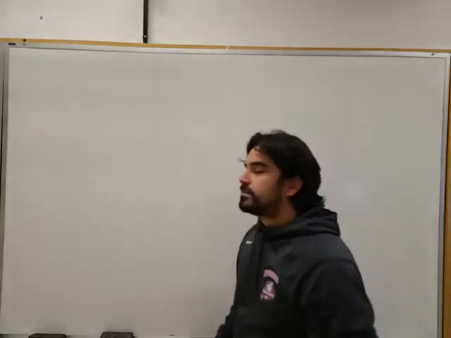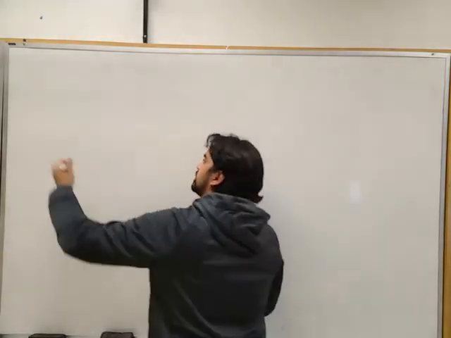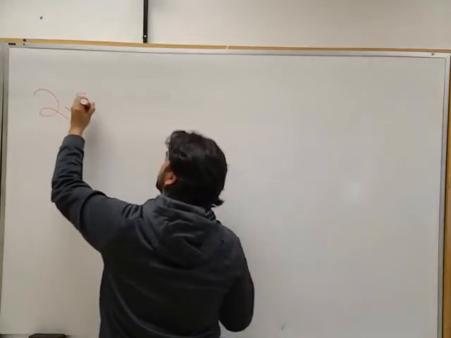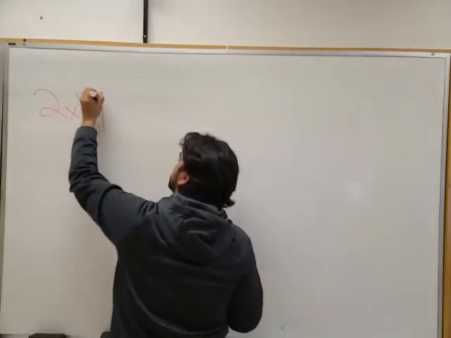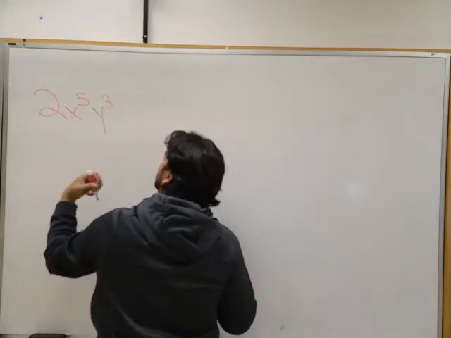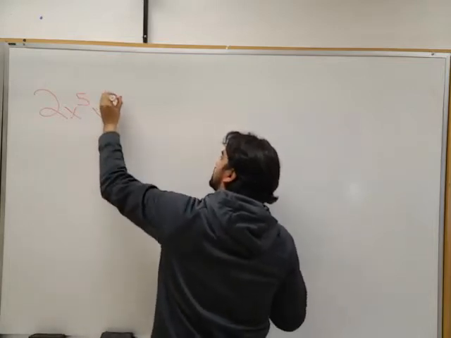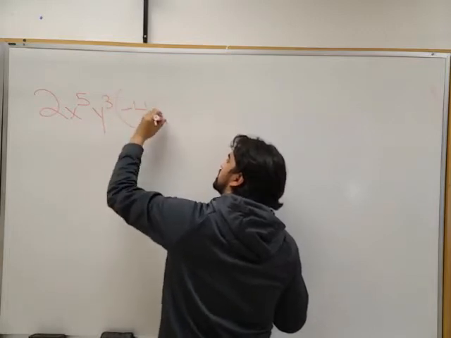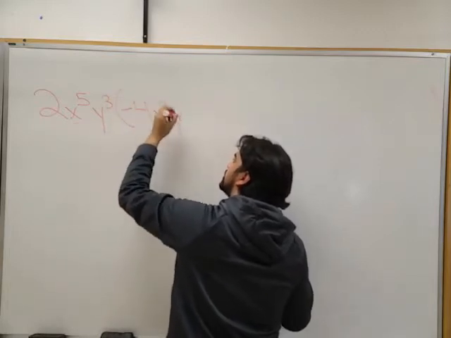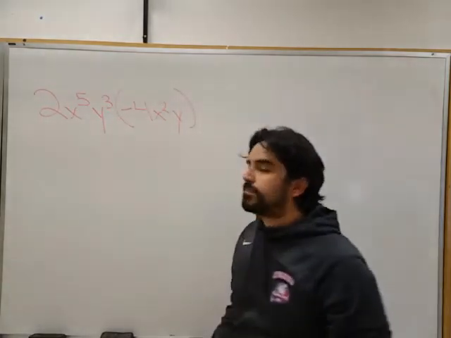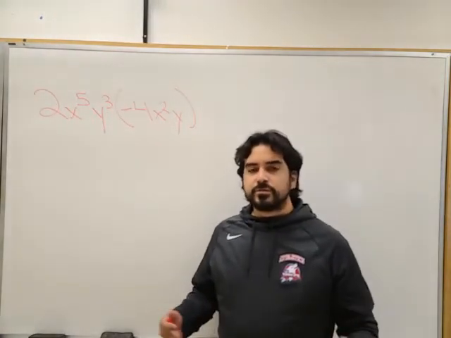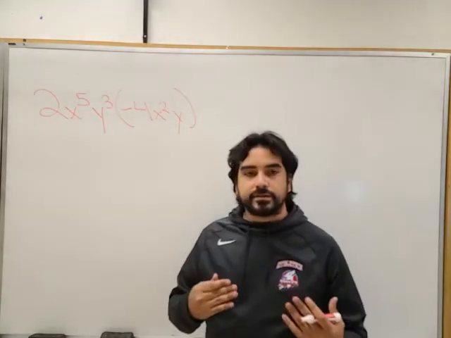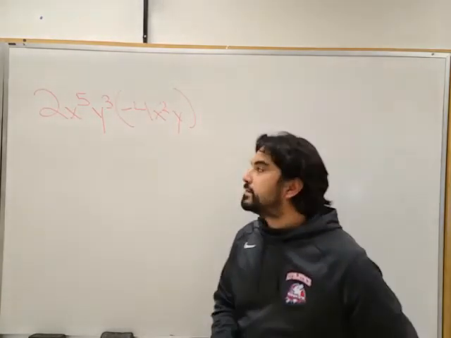Say we are given 2x to the power of 5, y to the power of 3, times negative 4, x to the power of 2, and y. Since we're multiplying, what we're going to do is separate them in sections of like bases.